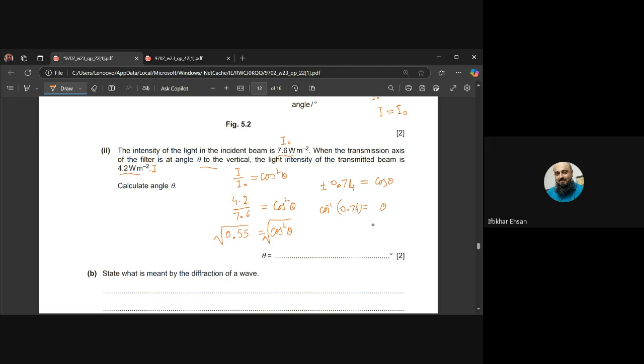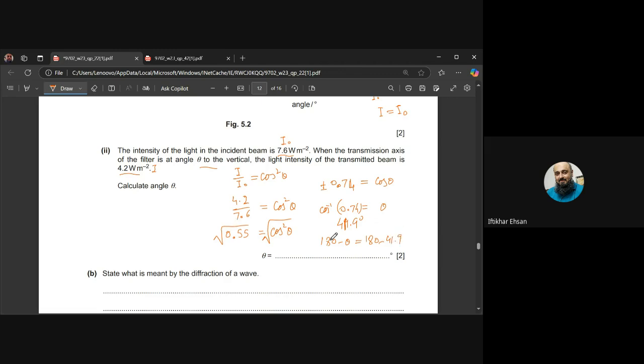Can you please tell the answer? 41.9. So if this is one angle, the other angle is 180 minus theta. So 180 minus 41.9 is the other angle.